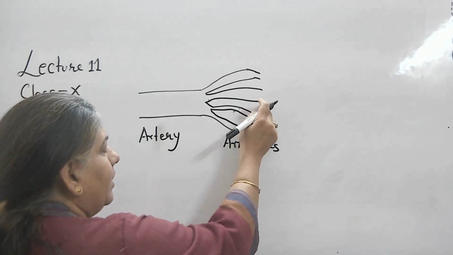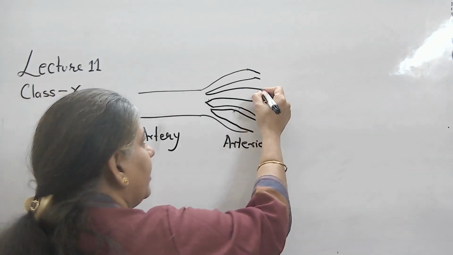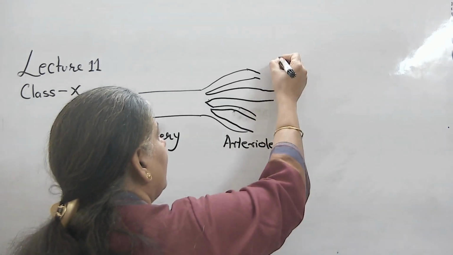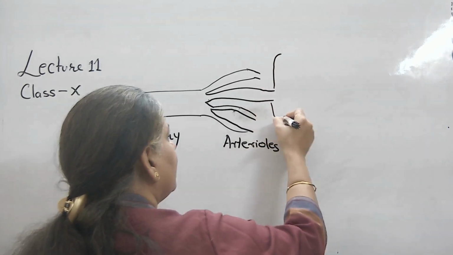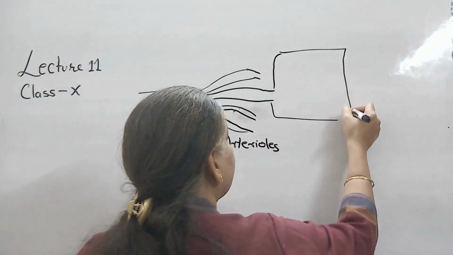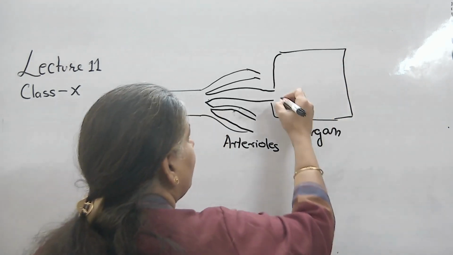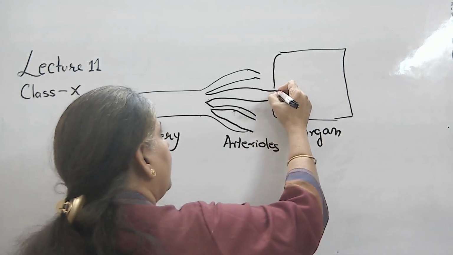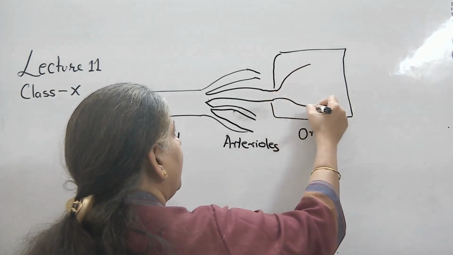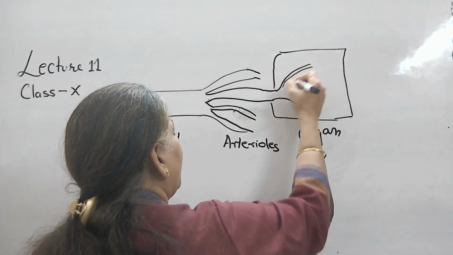Inside the organ, I'll take just one arteriole, and let's see, this is the organ. Here the arterioles will further branch into finer vessels.